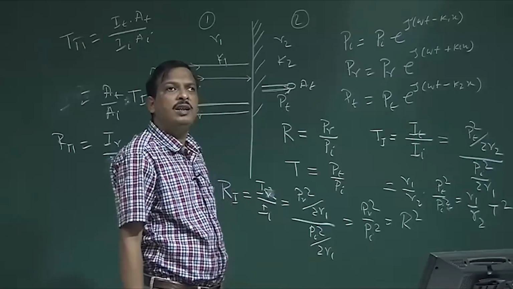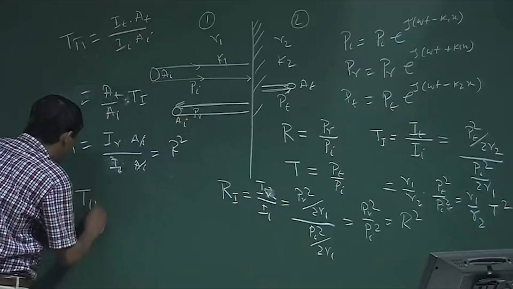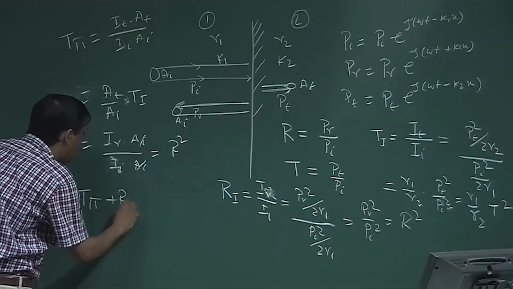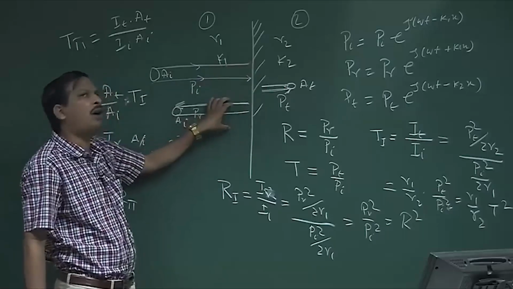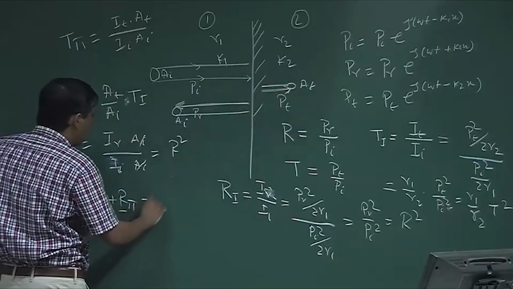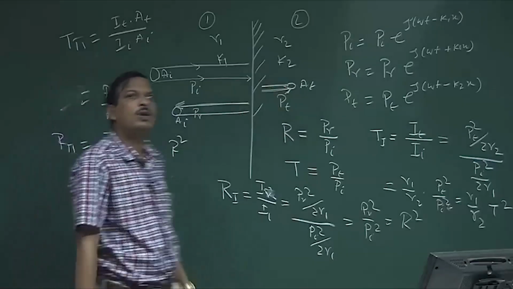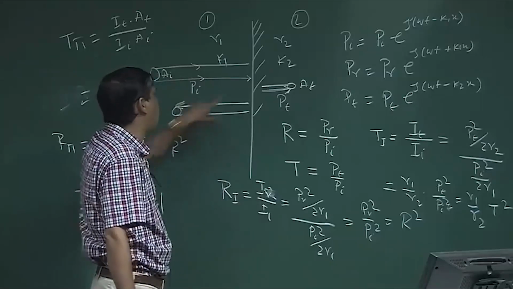If you see, the total incident power is the reflected power plus the transmitted power. So the transmitted power coefficient plus the reflected power coefficient must be equal to 1. So this power is nothing but this power plus this power.